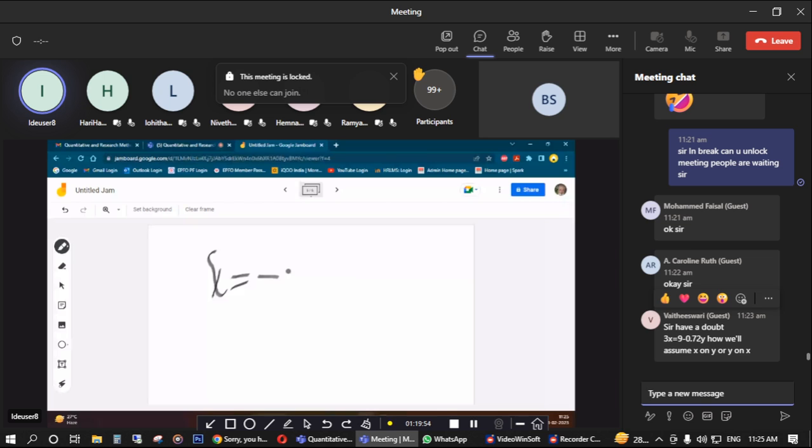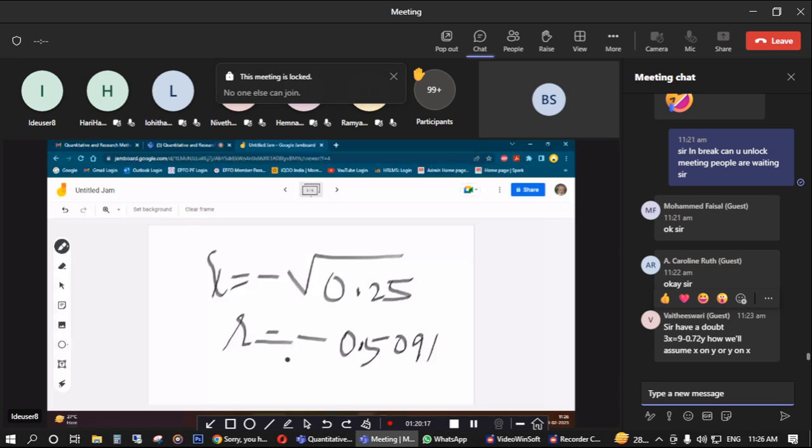R is equal to minus, what is the square root of this answer? 0.5091. So the R value is minus 0.5091.